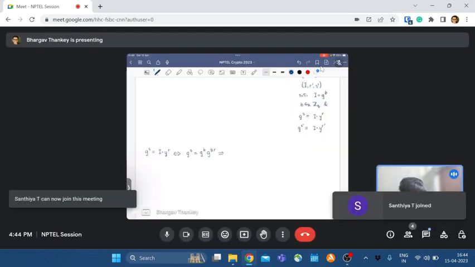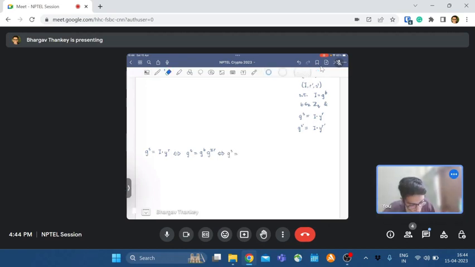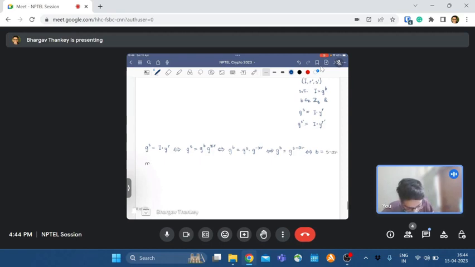So this implies G to the B equals G to the S times G to the minus XR. G to the B equals G to the S minus XR. And this implies that B is equal to S minus XR mod Q.